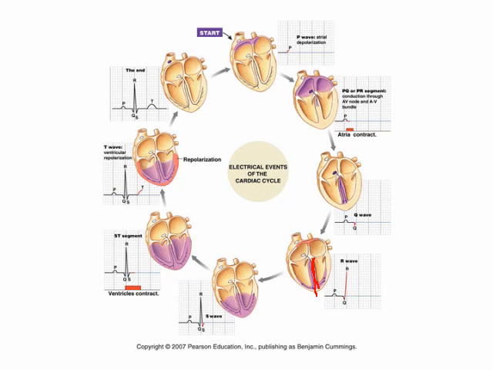Then as the depolarization moves down the right and left bundles and starts moving into the Purkinje cells, we see the initiation of the QRS complex. As that depolarization spreads throughout to the ventricles, we see the remainder of the QRS complex showing up.